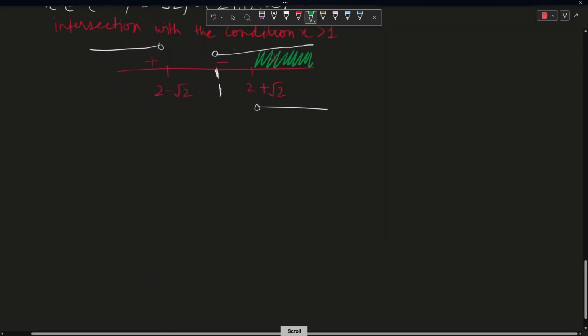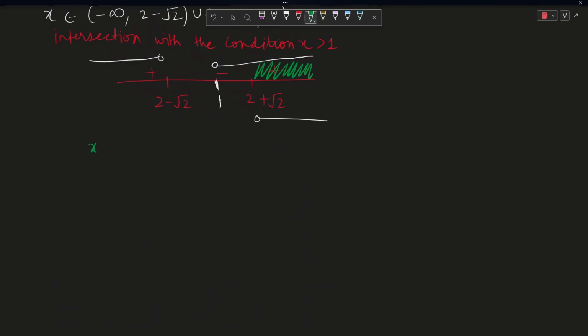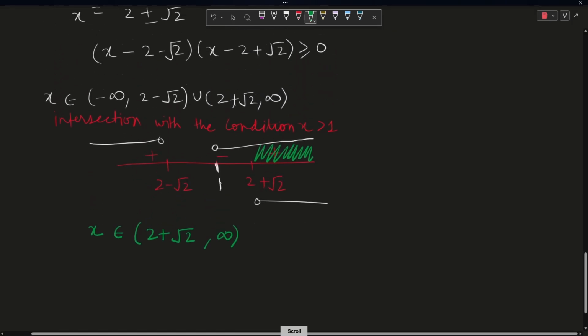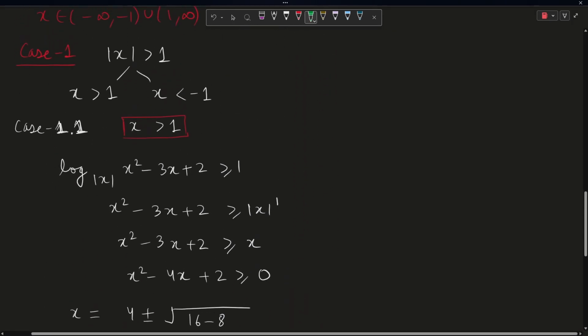That means for the case 1.1, or I can say the case 1 subpart 1, the value will be 2 plus root 2 to infinity, right? The answer will be 2 plus root 2 to infinity, all the possible values of x which will be satisfying this inequality for x greater than 1.